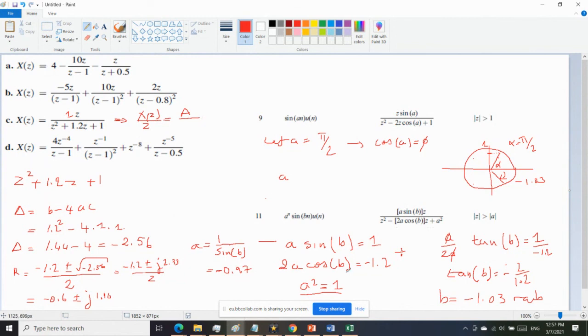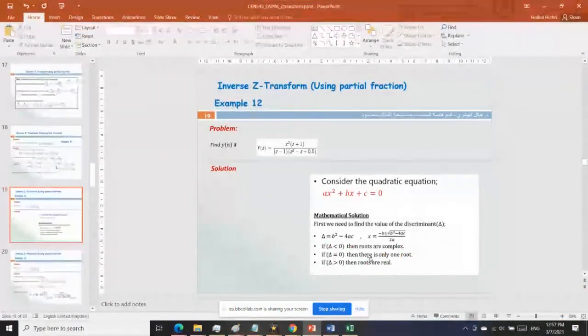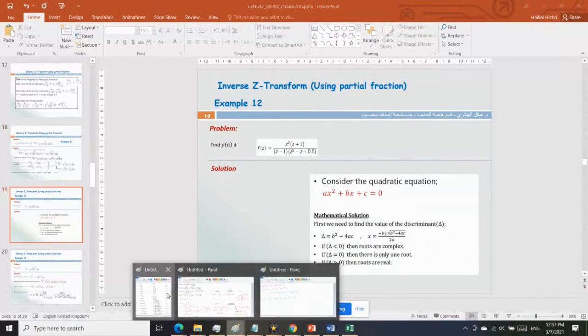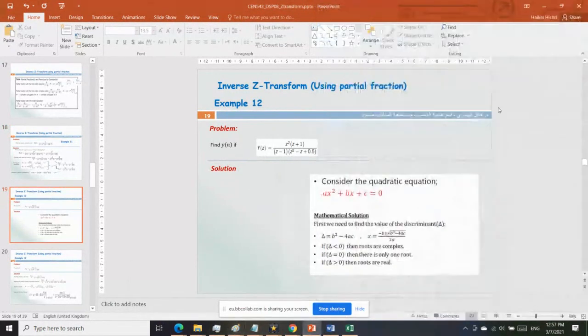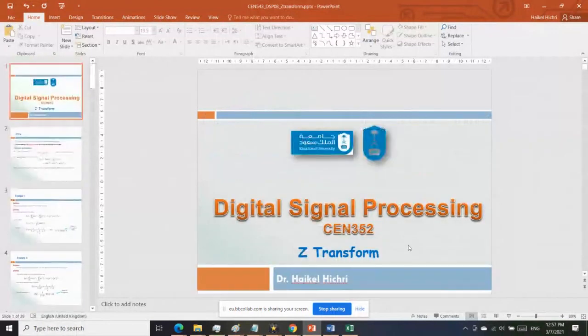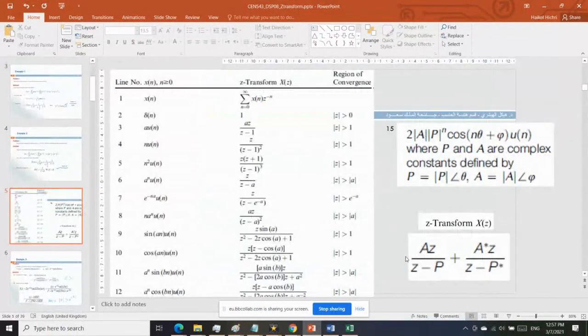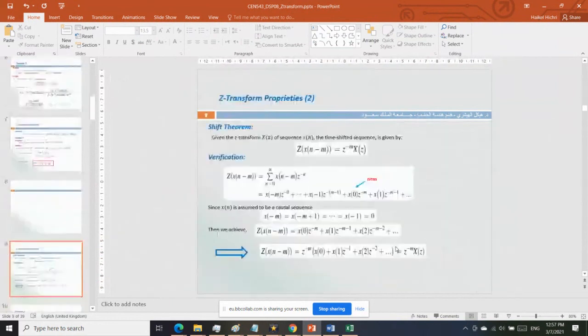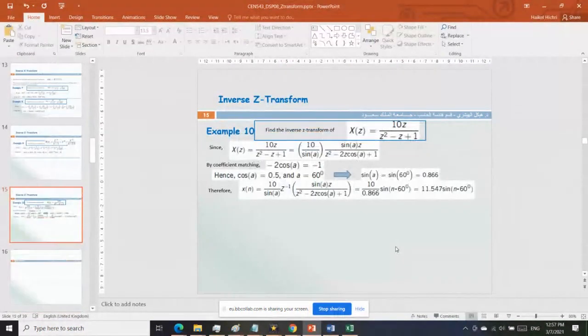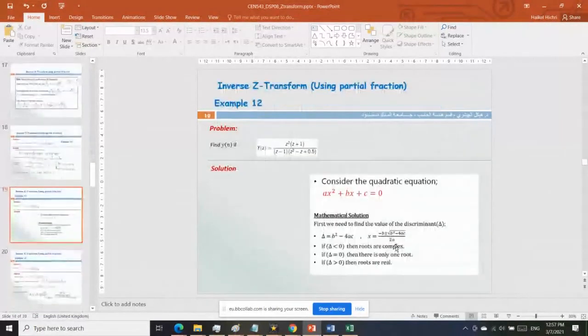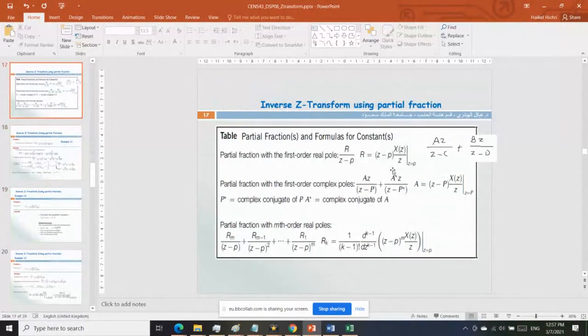These are complex, so we follow the rule for complex roots.